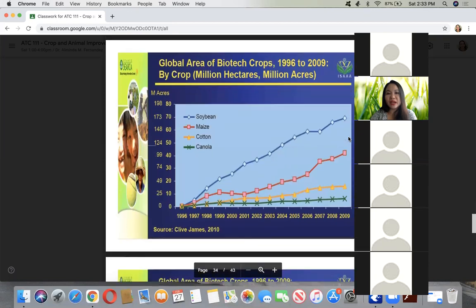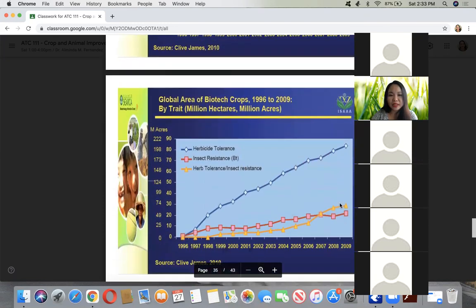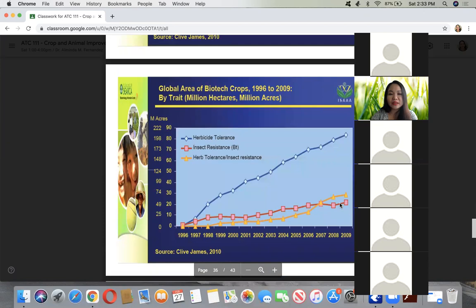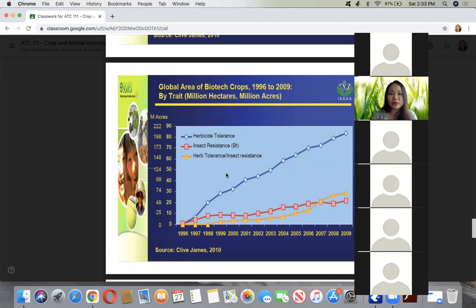And in terms of global area, it's also been increasing. The biggest increase is in soybean, followed by corn, cotton, and canola oil. And in terms of traits, herbicide tolerance is the highest, increasing extensively, and insect resistance.